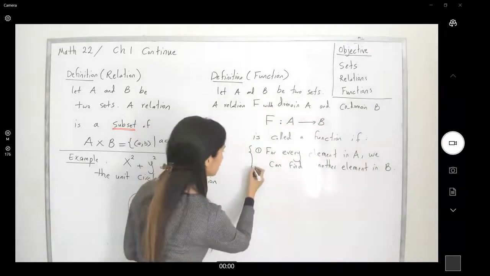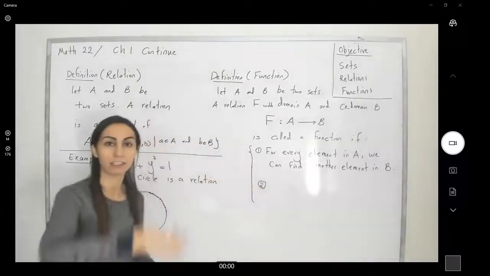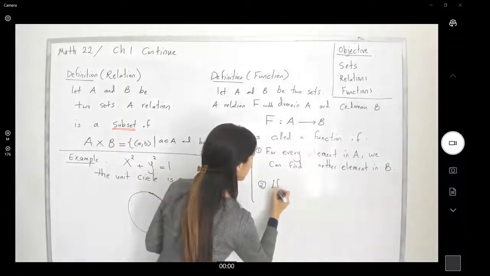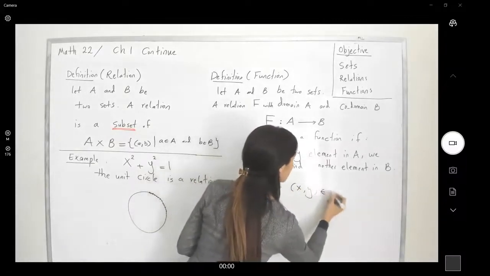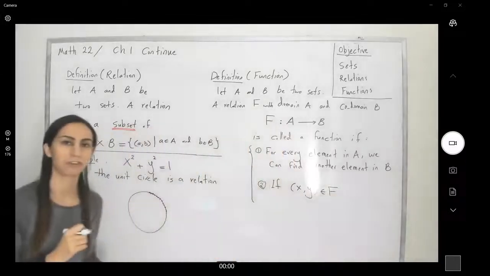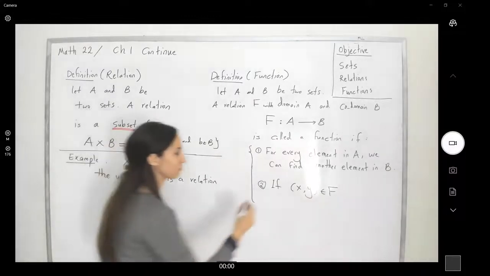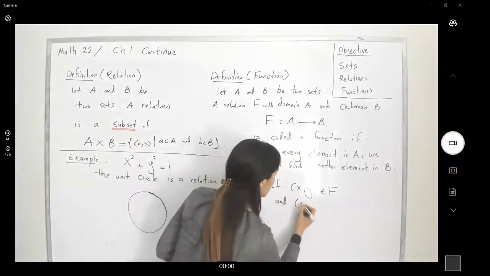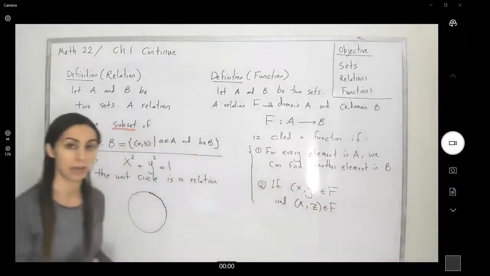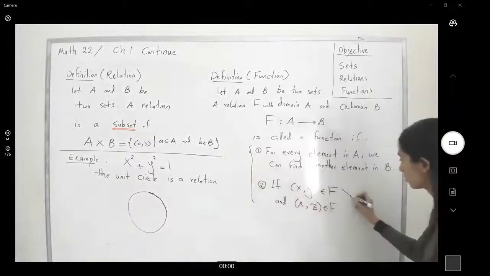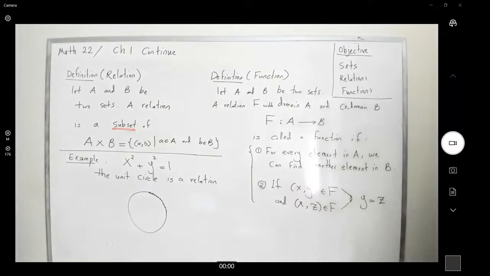And the second condition is about passing the vertical line test. If (x, y) is a point in F, if x is related to y through F, and also (x, z) is another element in F, then you can conclude that y and z are the same.